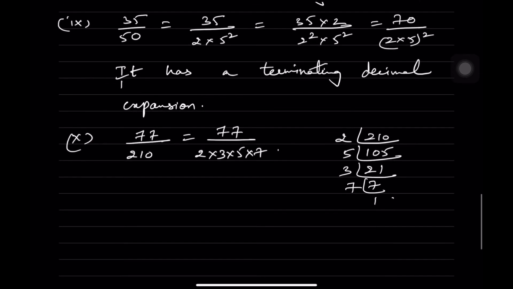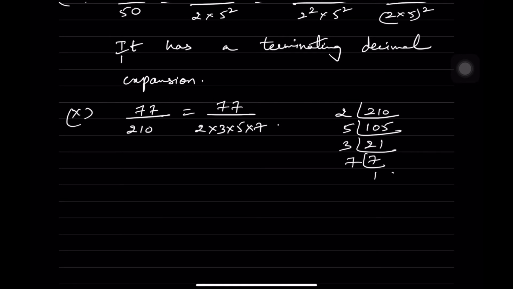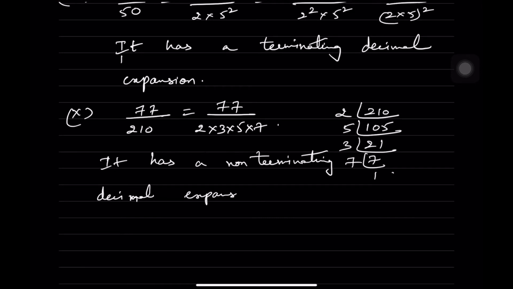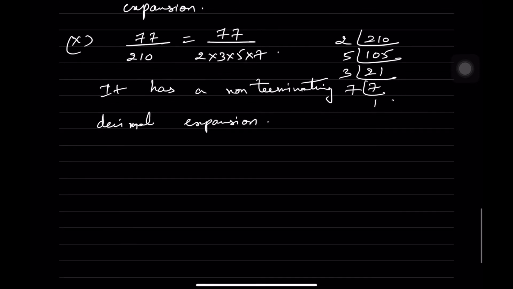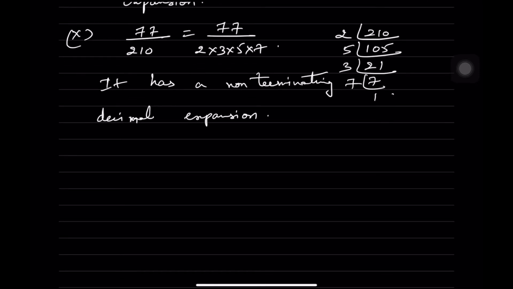Since it is not only a multiple of 2 into 5, it has 3 and 7 also. It's a multiple of 3 and 7. Therefore, it has a non-terminating repeating decimal expansion.